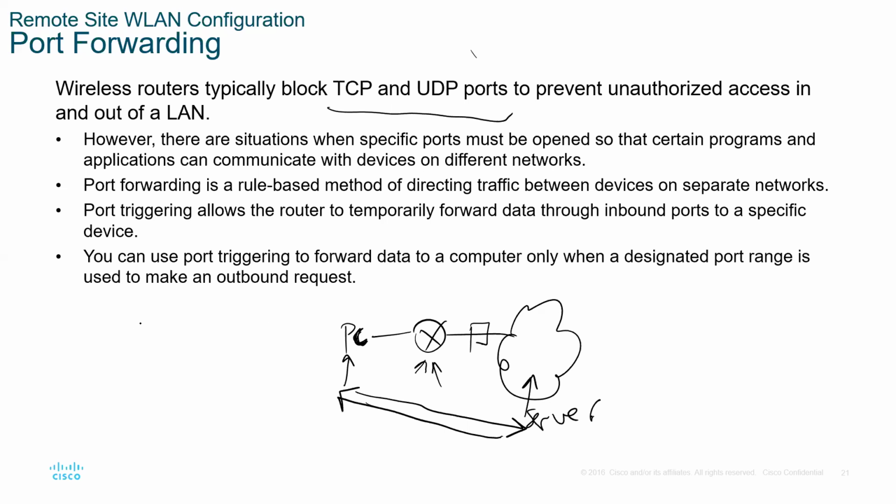For example, HTTP, I think HTTP is port 80. If you open port 80 on the wireless router, it means my services on port 80 won't have scrutiny from the router that much because that port is open. So there are two types of opening my ports, if I can say.